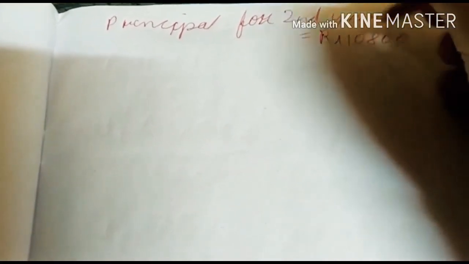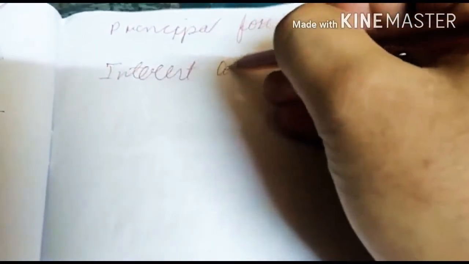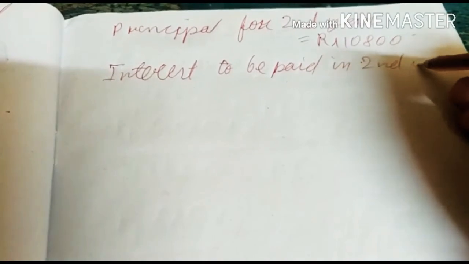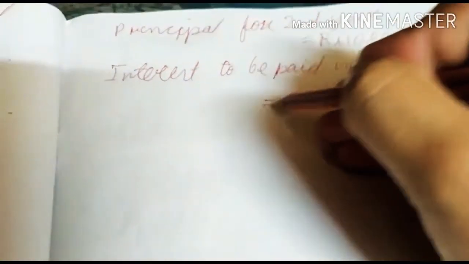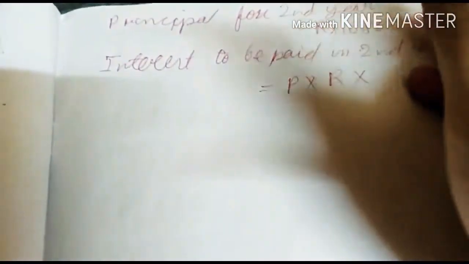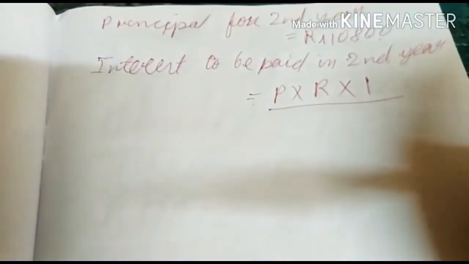So the interest to be paid in the second year will be again P into R into T. Only the second year's interest is calculated, not the first year. The second year time is only 1 year, not 2 years.